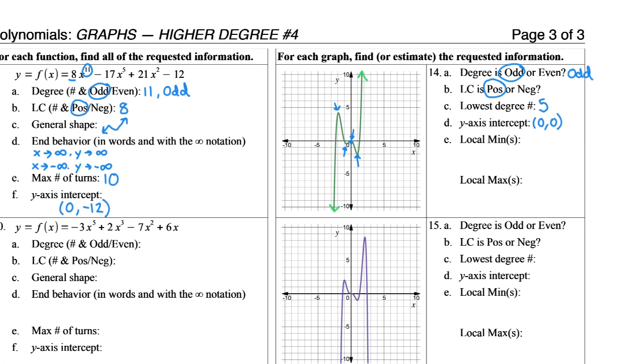And then we might look for local minimums and maximums. These are going to be as close as you can get to a guess. These are not going to be exact, but local mins are basically anywhere where we see a dip towards the bottom. So if we're looking right here, we might say, oh, I don't know, negative 0.75 maybe, and negative 1/2, or negative 0.5, that looks like one.